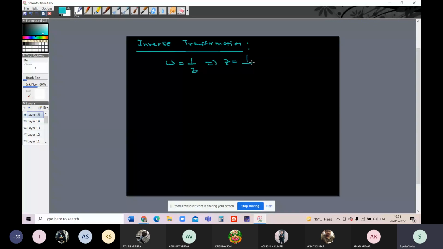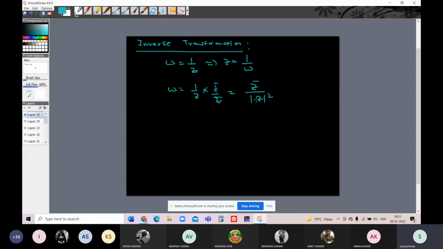And this can also be written as z is equal to 1 by w. This mapping is one-to-one between non-zero points of z plane to non-zero points of w plane. And w is equal to 1 by z can also be written as z bar upon mod of z square. This can also be written like this.